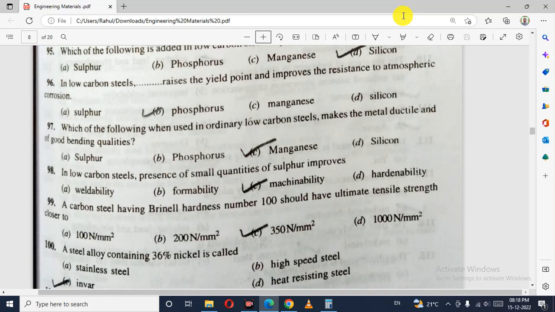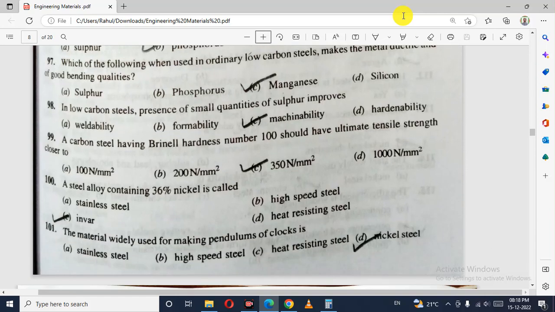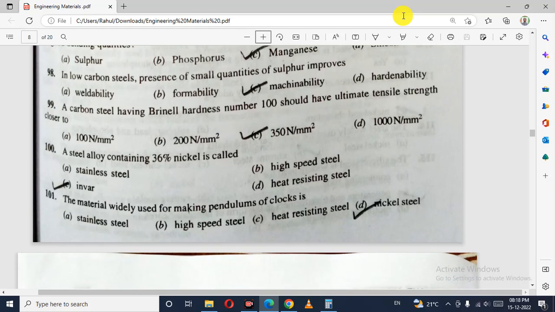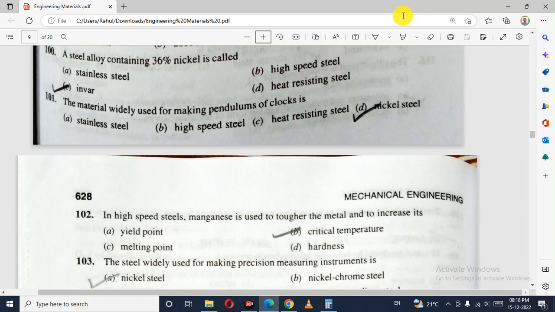Steel alloy containing 36% nickel is called Invar steel. The material widely used for making the pendulum of a clock is nickel steel. In high speed steel, magnesium is used to toughen the metal and increase its critical temperature.